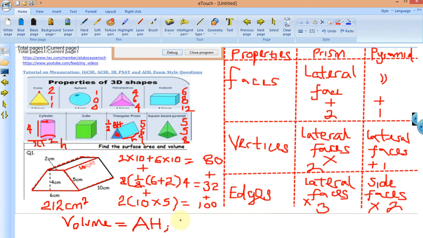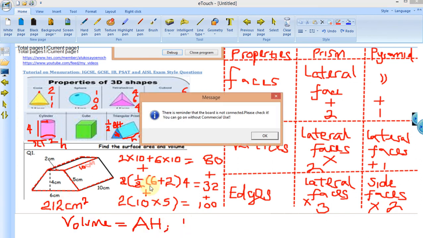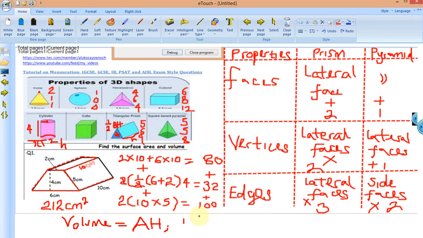We have the area here already, but let me write it again: half into the sum of the parallel sides. The sum of the parallel sides is 2 plus 6, or 6 plus 2, then times height.